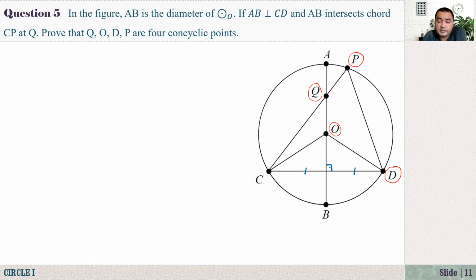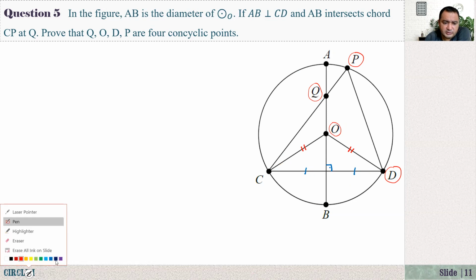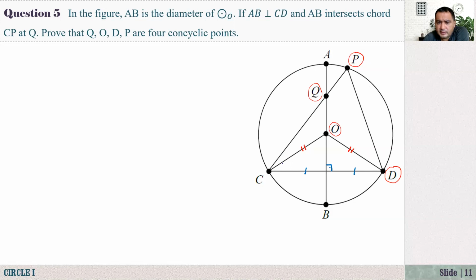Okay, so since O is a center, from here CO is equal to OD. Now suppose that this angle is, let me just change the color, alpha.